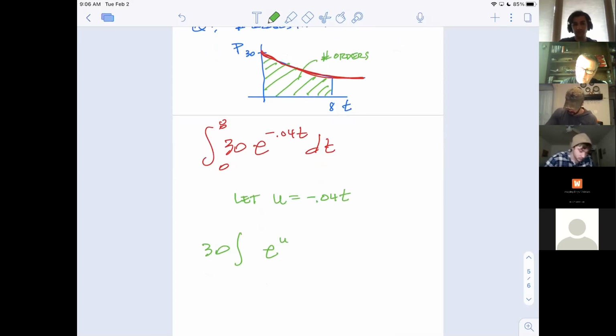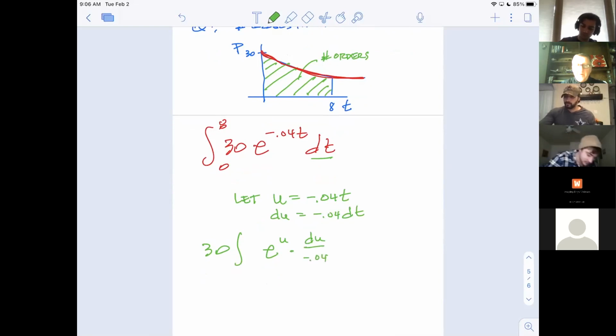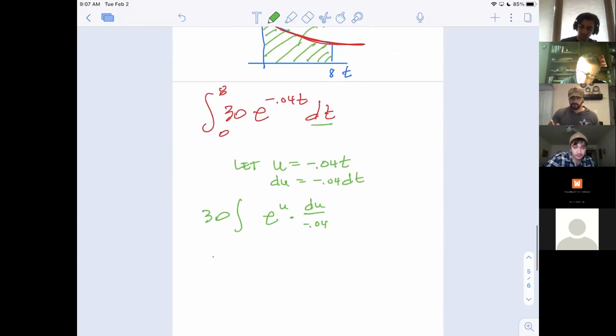But we're not done, because we also have to get rid of dt. So du would be equal to negative 0.04 dt. If I want to replace that dt, then I've got to have du over negative 0.04. There we go. And I don't care about the negative 0.04 because it's just a constant, so I could pull it out front if I wanted to.